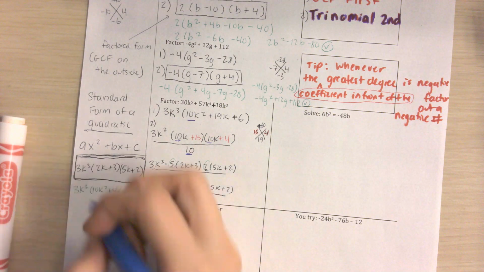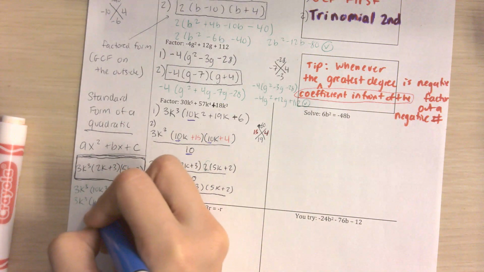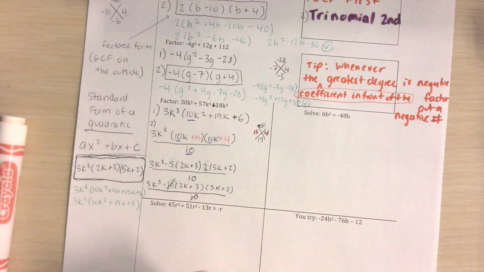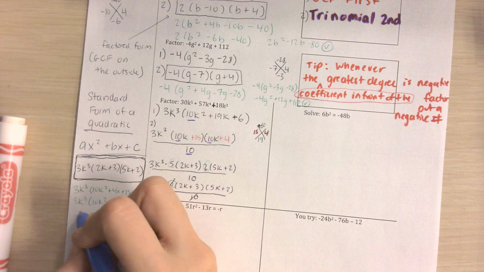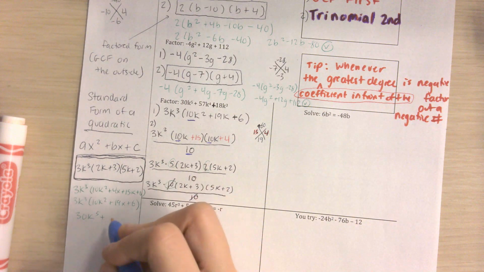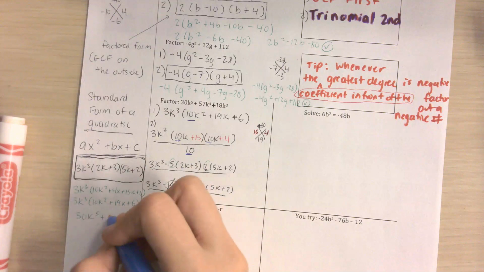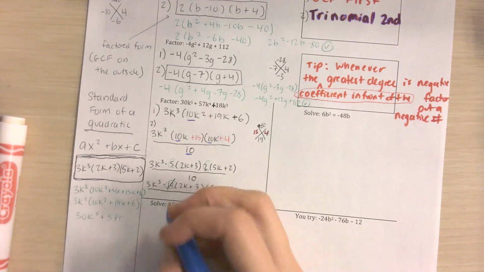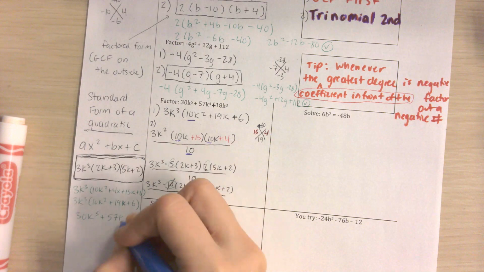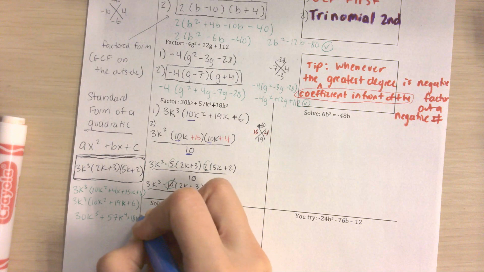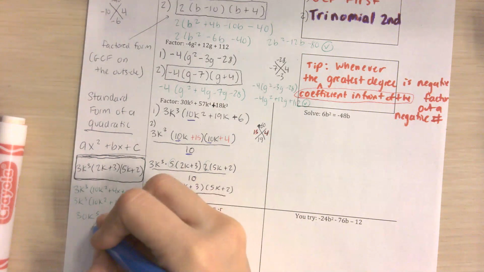We're going to combine like terms, and then we're going to distribute: 30k to the fifth plus 19 times 3 is 57. You can use a calculator. Oh, here I used x's and here I used k's. They're all k's. K to the fourth plus 18k to the third. So we know that we did it right.